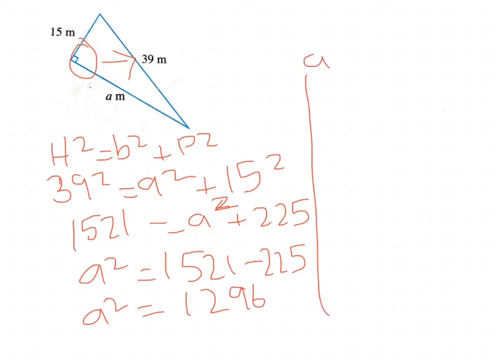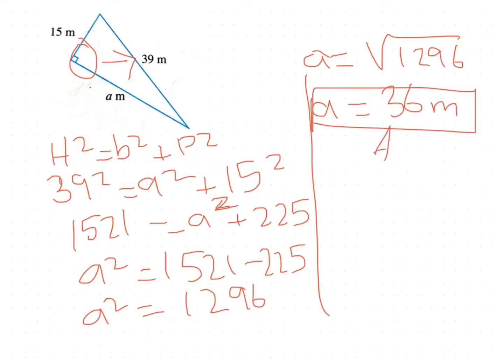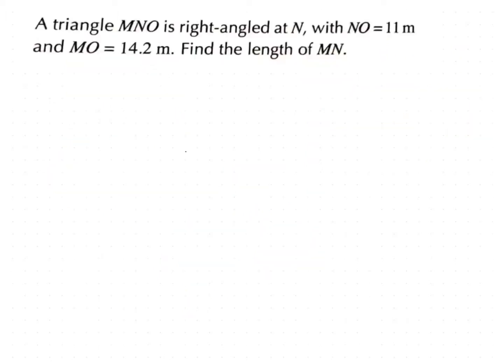For removing the square, we have to take the square root of 1296, and the square root of 1296 would be 36. So the value of A would be 36 meter. That's the answer.